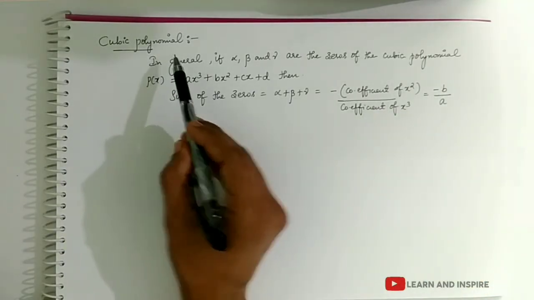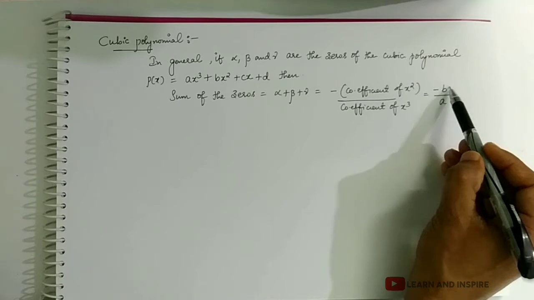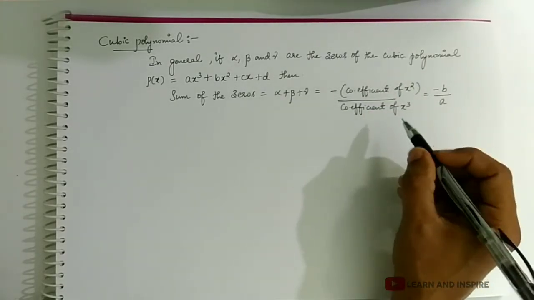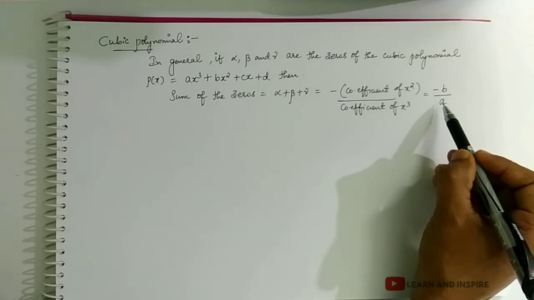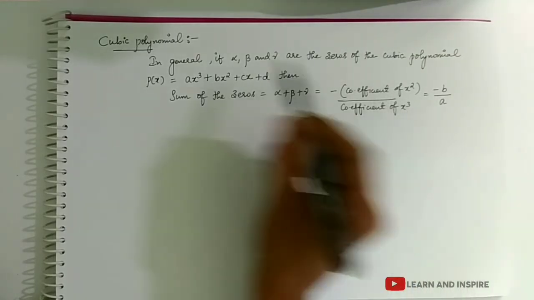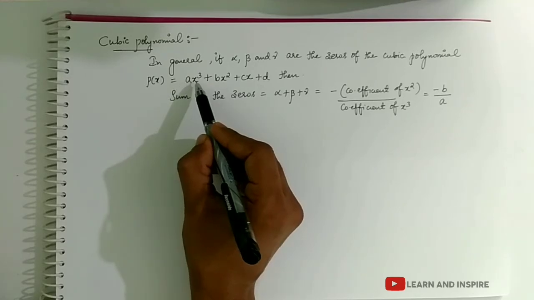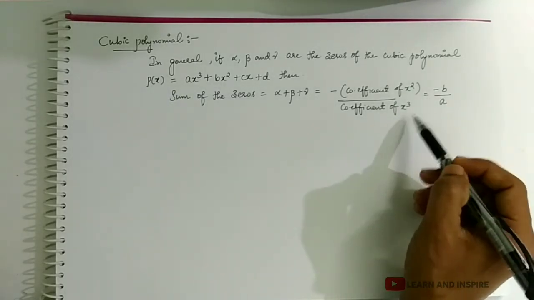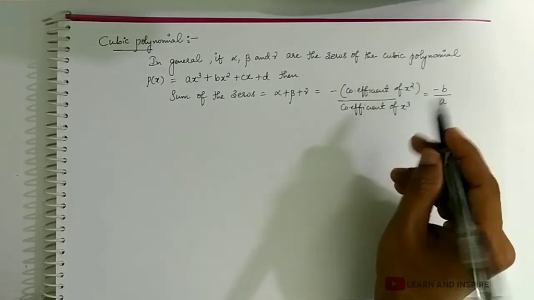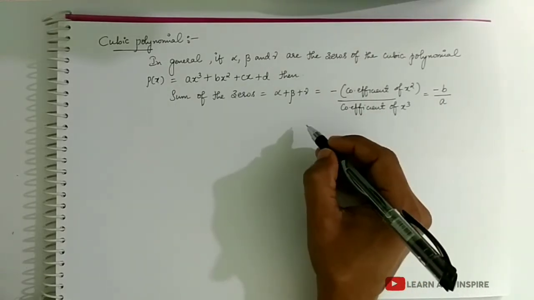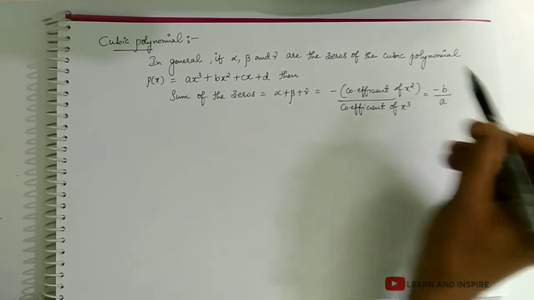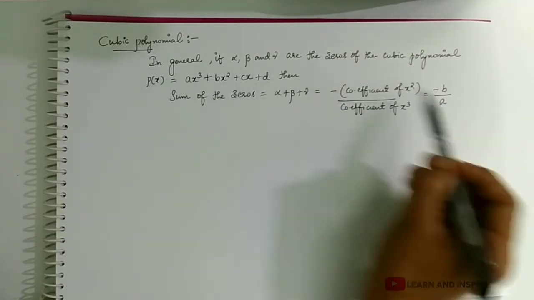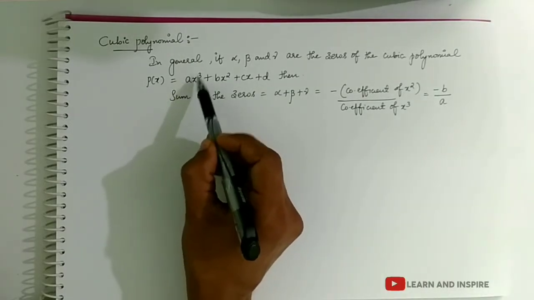And a is the coefficient of x cube, whereas in a quadratic polynomial a is the coefficient of x square. So don't forget about that. In a cubic polynomial, b is the coefficient of x square and a is the coefficient of x cube.